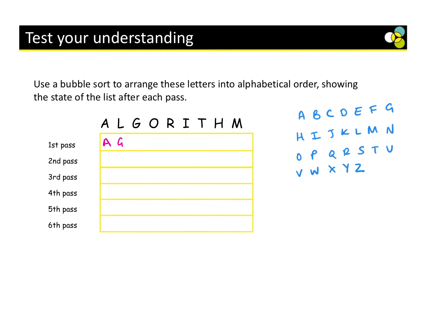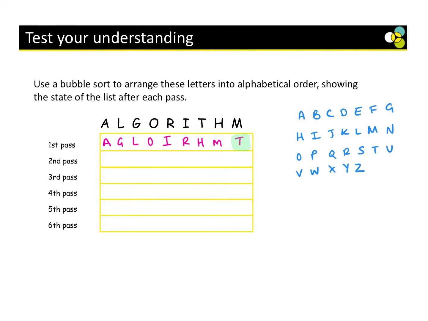I then have L and O. L comes before O. O and R. O comes before R. R and I. I comes before R. R and T. R comes before T. T and H. H comes before T. T and M. M comes before T. Perfect. Okay, so we know that T is in the right place.